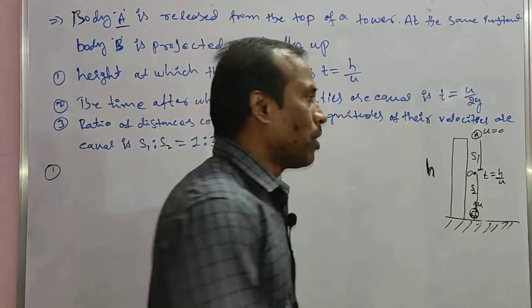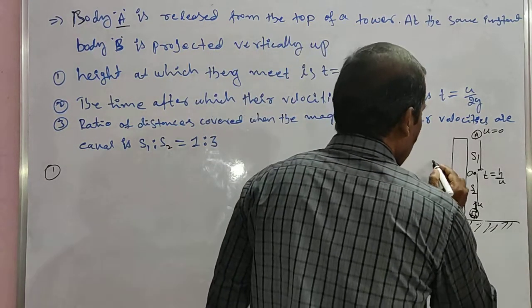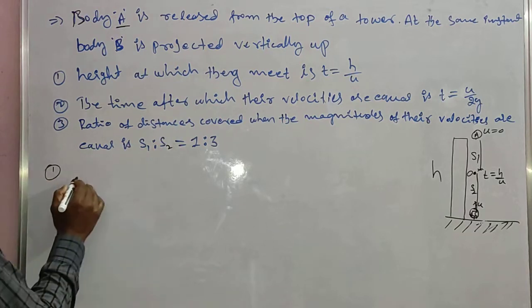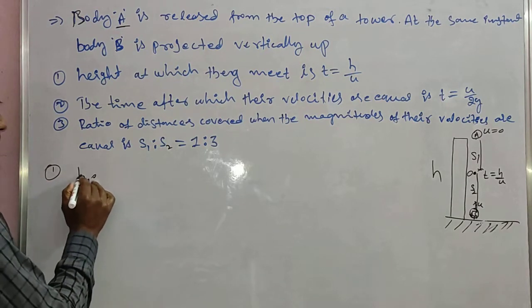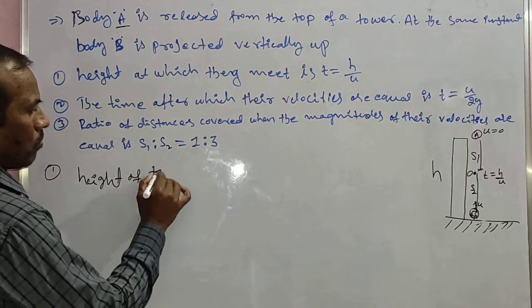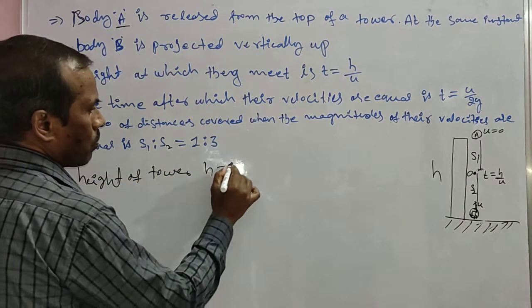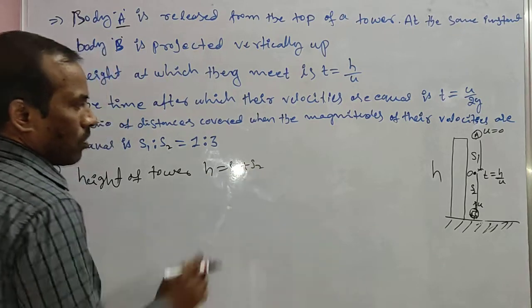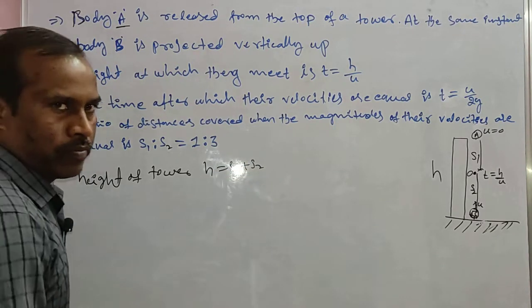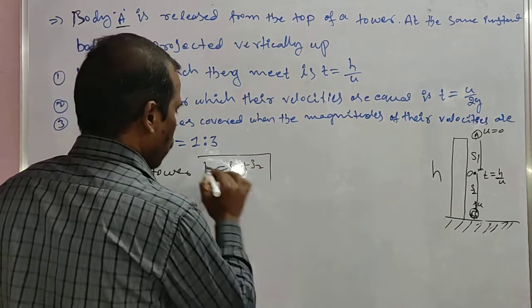So the height of the tower H is equal to S1 plus S2, where S1 is covered by body A and S2 is covered by body B. Now this is equation 1.